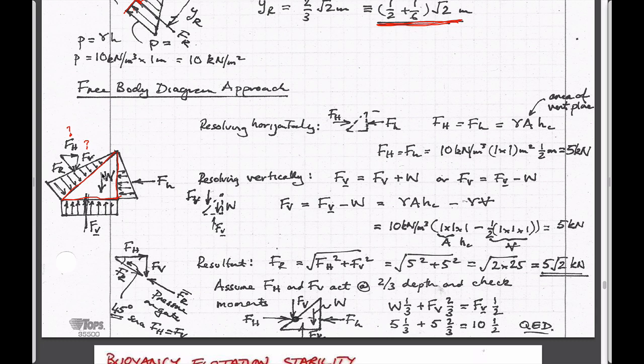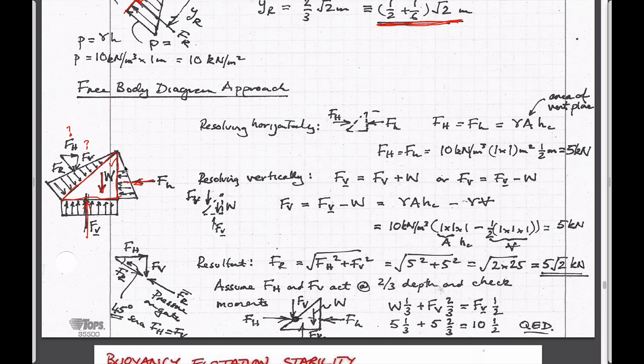And if we do that, we have to accommodate this weight of the water. We have to have a resultant that's due to this pressure distribution, and we have an upwards resultant due to the fluid pressure that's acting on this underside of the component. And so we can certainly calculate this from the volume of this wedge of water.